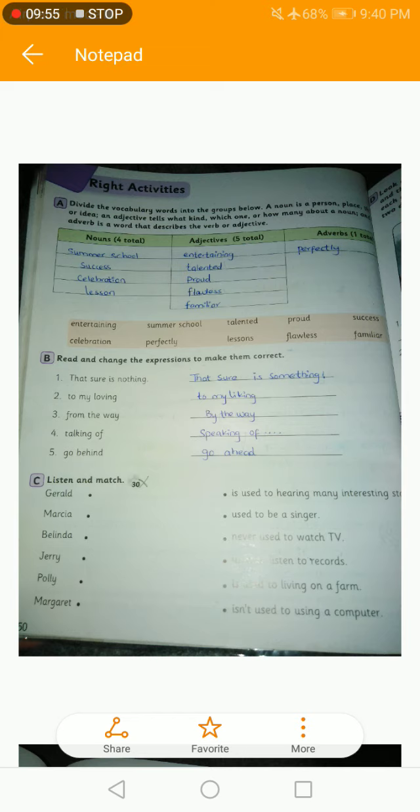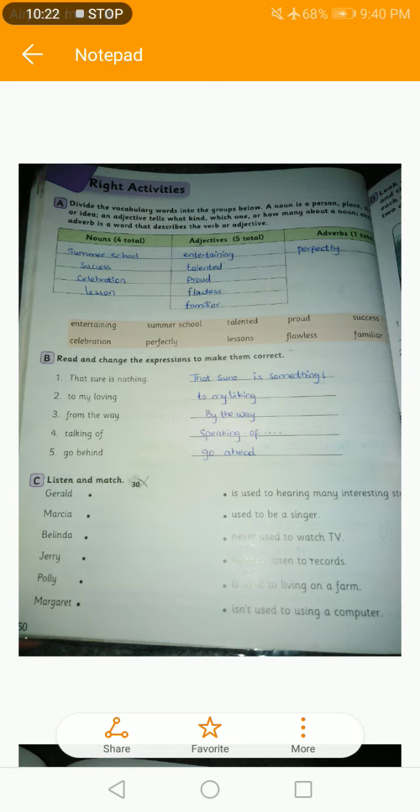We have entertaining, summer school, talented, proud, success, celebration, perfectly, lesson, flawless, and familiar. So first we have nouns. There are four in total. The first one is summer school, which is a noun. Then the second is success, also a noun. Then celebration, also a noun. And then lesson. So these four are nouns.